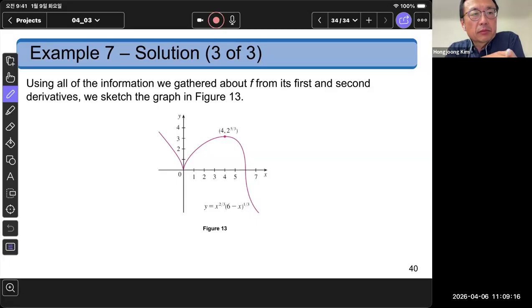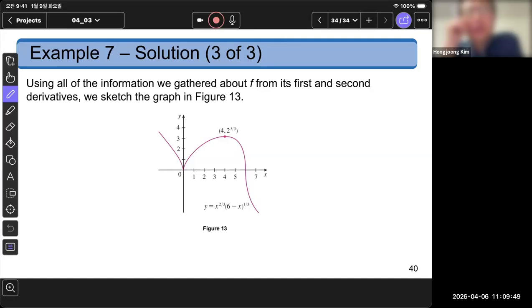This is how we draw the graph of a function. These days you can use many calculators or some computer program to draw the graph of a function, but sometimes if your graphing calculator or your computer does not generate the graph, you can use this idea to find some certain pattern. Then this will help you identify the local maximum or local minima or inflection points.